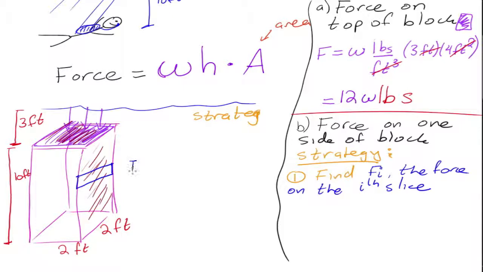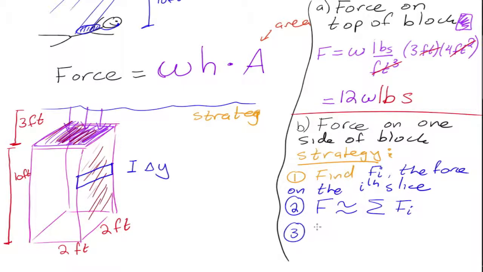What's the thickness of this slice? What am I going to call that? Let's call it delta y because we're going to measure vertically, right? So delta y. Okay, so then after I have that, the force is going to be approximately equal to the sum of all of those F sub i's.